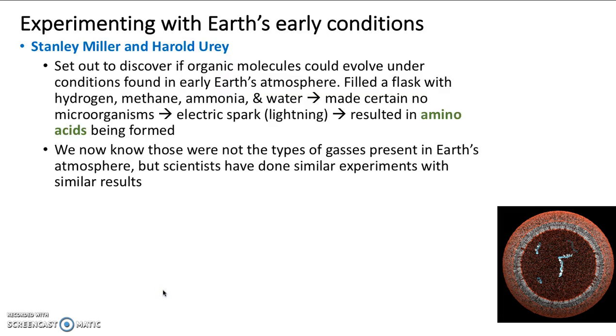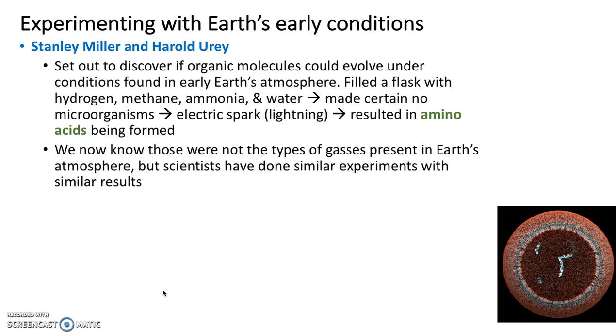So let's look at the early conditions. There were these two scientists in the early 1900s that wanted to test how organic materials could come from inorganic substances. I always picture the mad scientist kind of experiment here, with test tubes and things heating up and zapping it. So they took this flask and filled it with what they thought were the gases that made up Earth's early atmosphere.